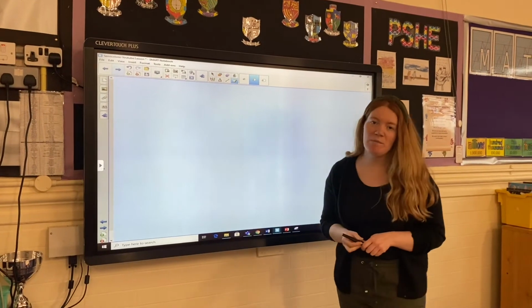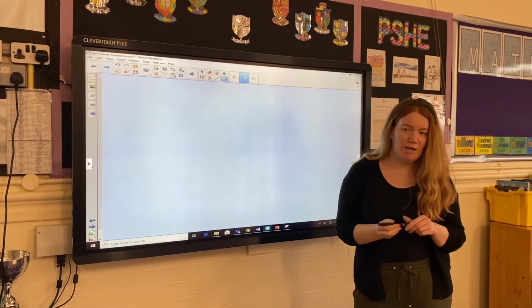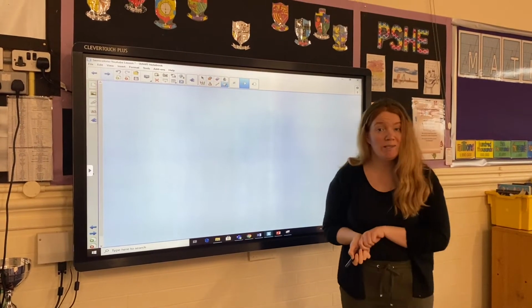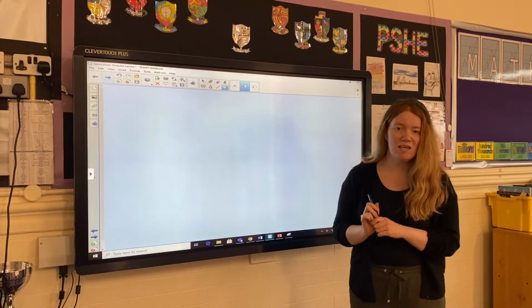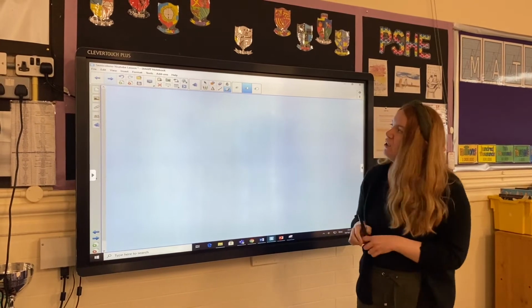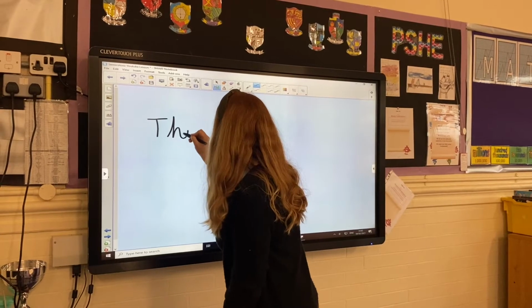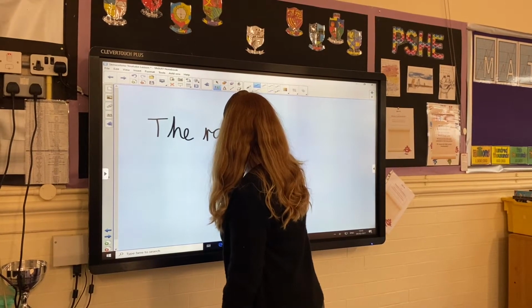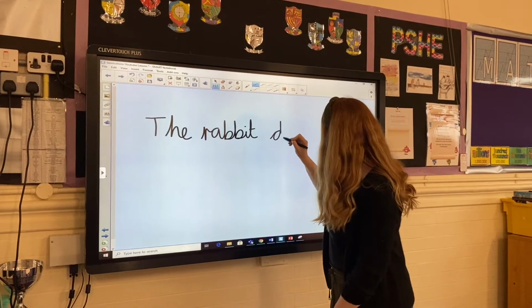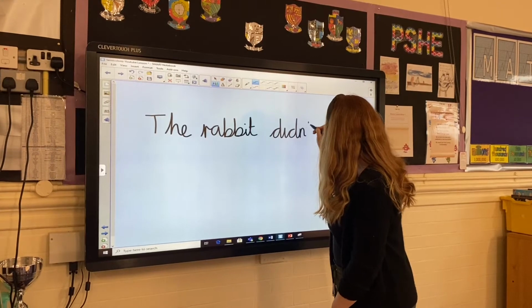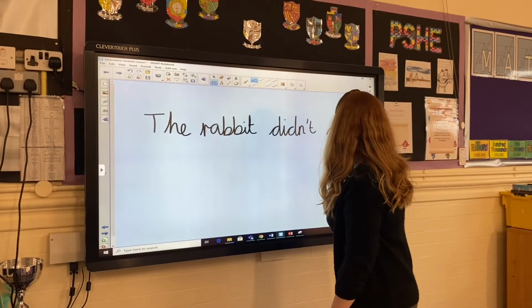Okay, so I'm going to try and write my own sentence. I'm going to try and think about the rabbit in the story. Now, from what I can remember, the rabbit is often described as quite smart because he didn't swim across the body of water, he used his strong legs to jump on logs. So, apologies for the handwriting. So, the rabbit didn't swim across.